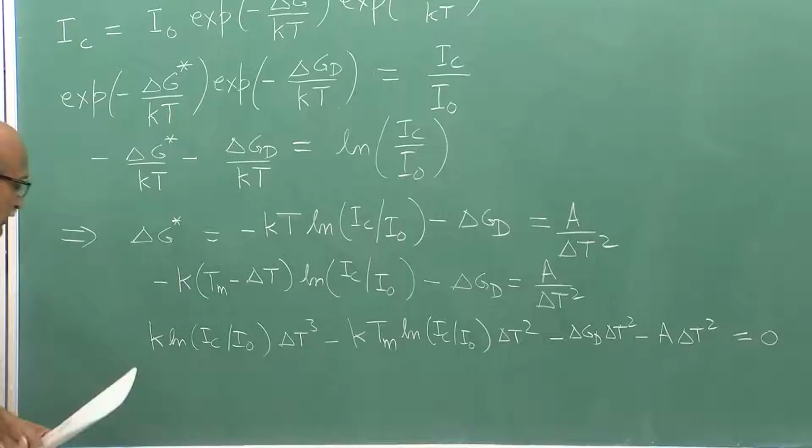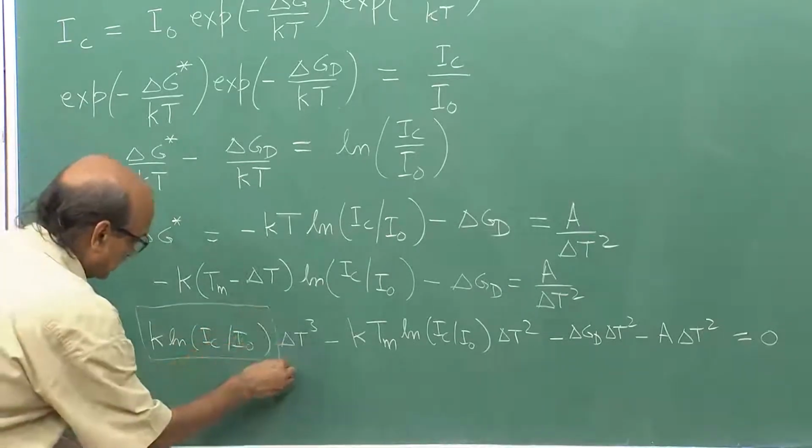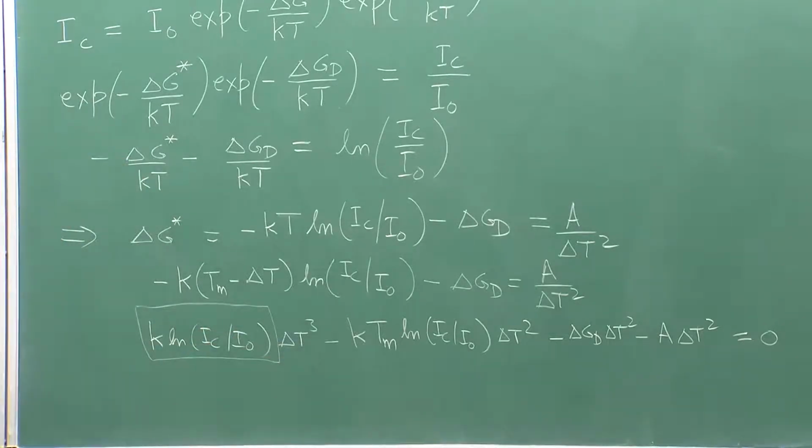Let me divide this entire relationship by k ln IC upon I naught.